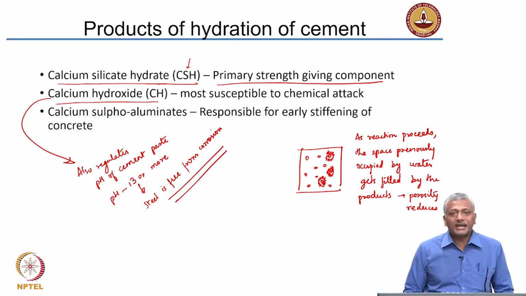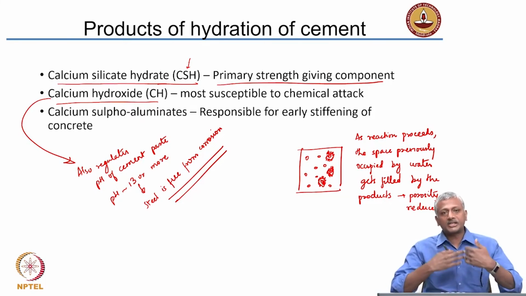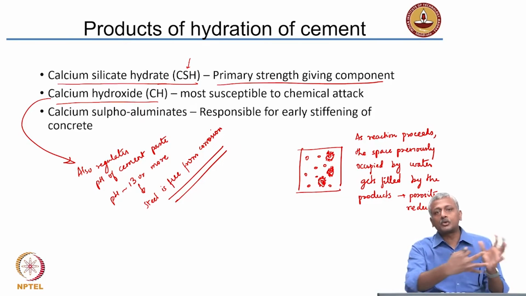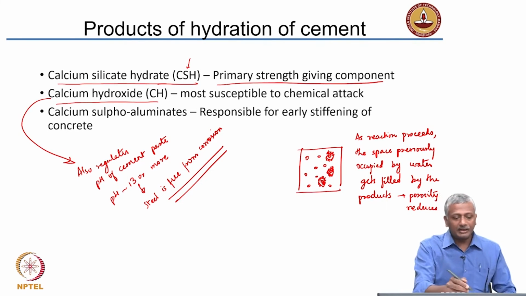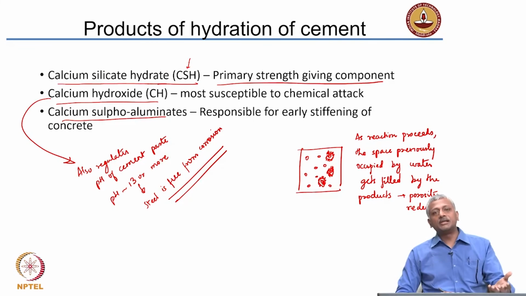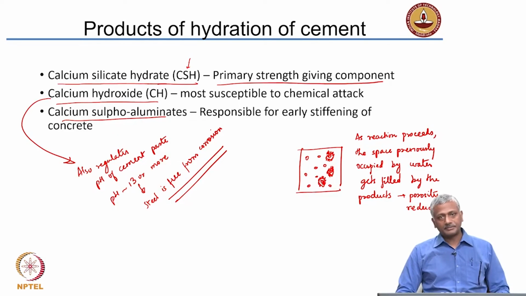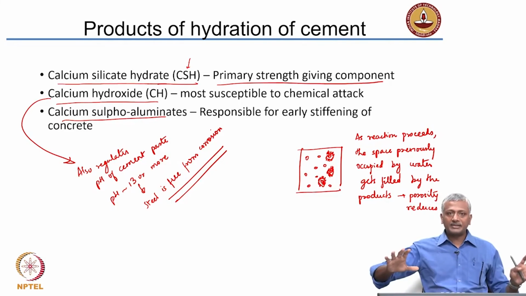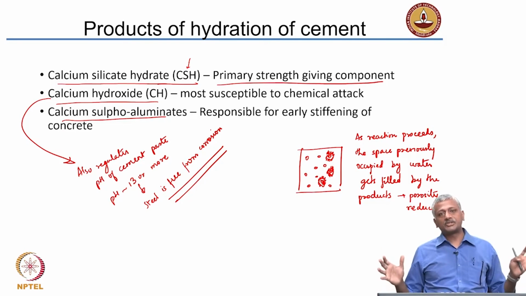What about the calcium aluminates? They go into reaction with the sulfate, as I said, because sulfate controls the rate of reactivity of aluminate, and forms what is called calcium sulfoaluminates. These cause initial strengthening and stiffening of the concrete. So, long term strength gain is all because of CSH, calcium silicate hydrate. The initial strength could be because of CSH, could be because of aluminates, and so on.